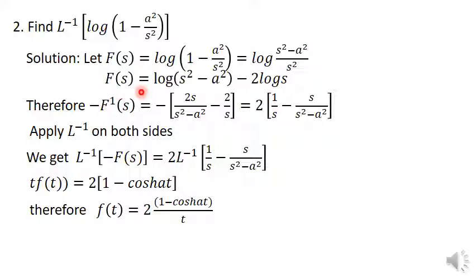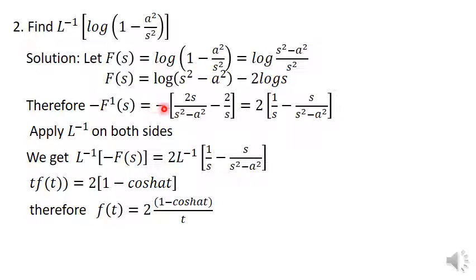differentiate this function with respect to s and multiply with the minus sign. The derivative of log of s square minus a square is 1 over s square minus a square into the differentiation of s square minus a square, which is 2s, minus 2 times the derivative of log s, which is 1 by s. So here 2 is common, take it outside.